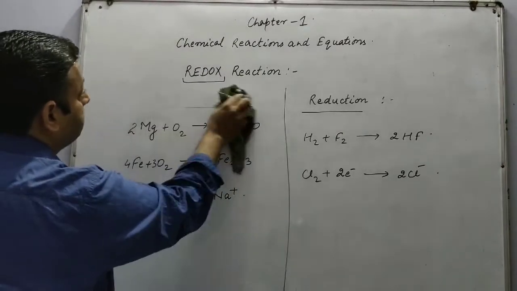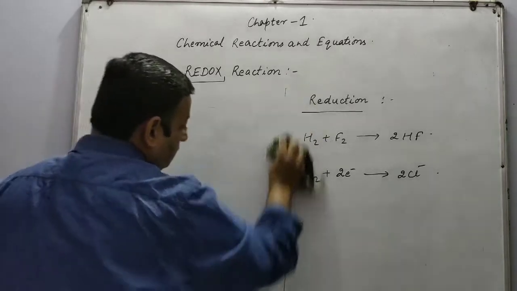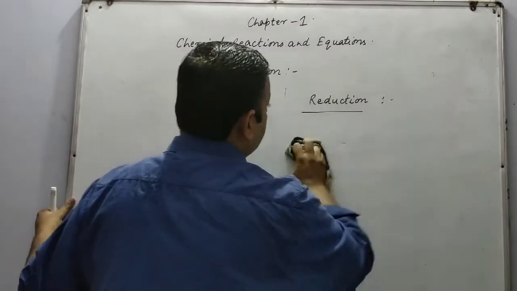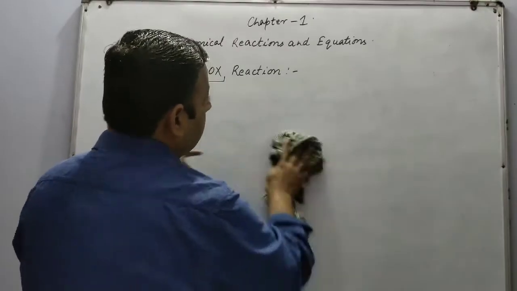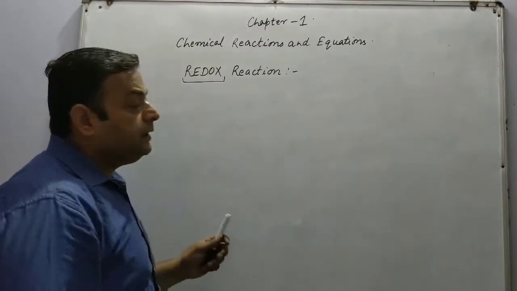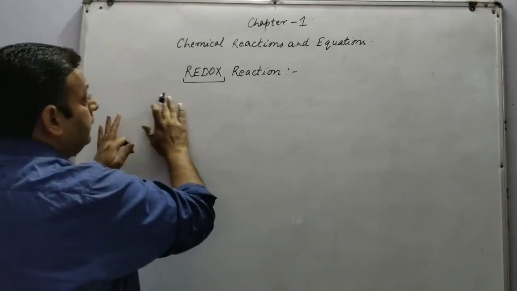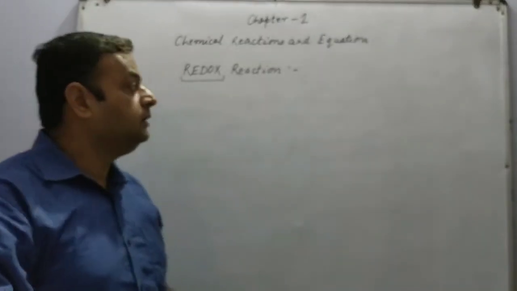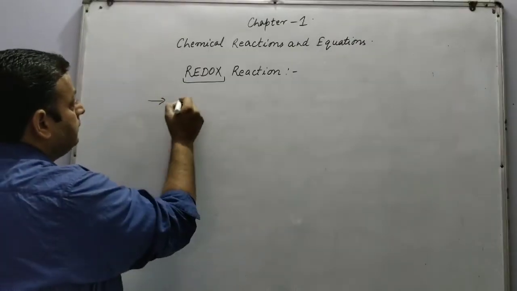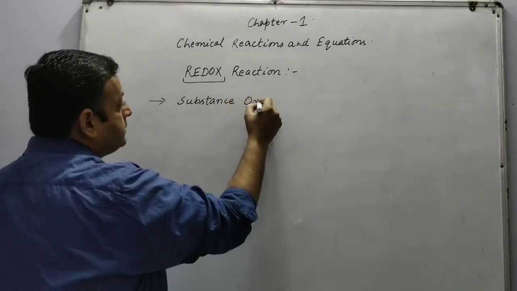Now let us consider a few examples of redox reaction. Before taking any example, I want to tell you that when we take an example of a redox reaction, we have to find out four things. The first thing we have to find out is the substance oxidized.